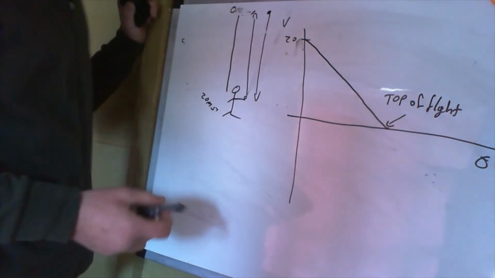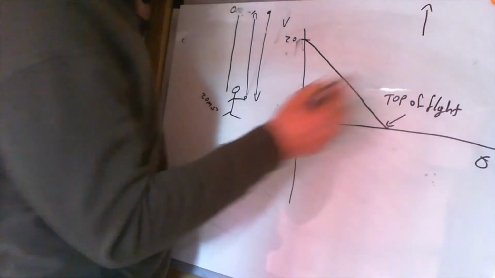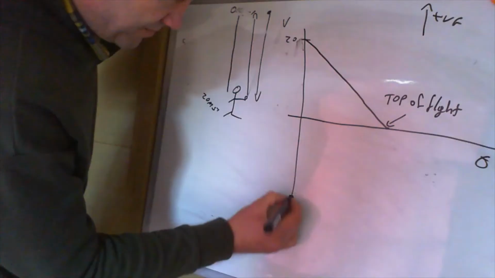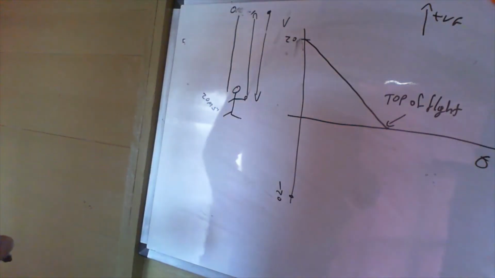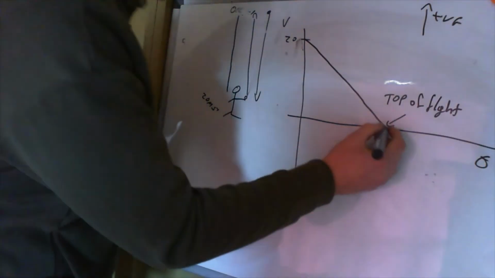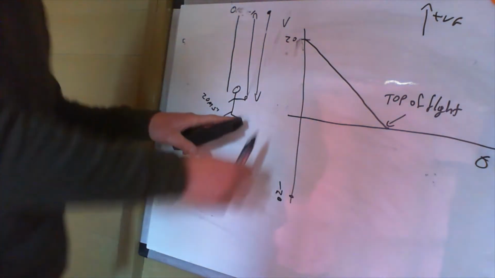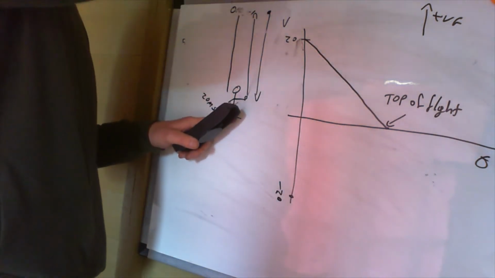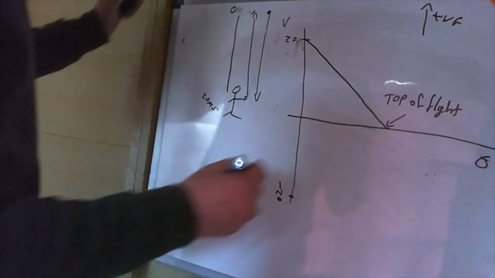But what do we say about that? If it's going up the way, it's positive, and if it's going back down the way, it's negative. It's basically going in the opposite direction. So if up is positive, when it starts coming back down I'll say that's negative because it's going in the opposite direction.